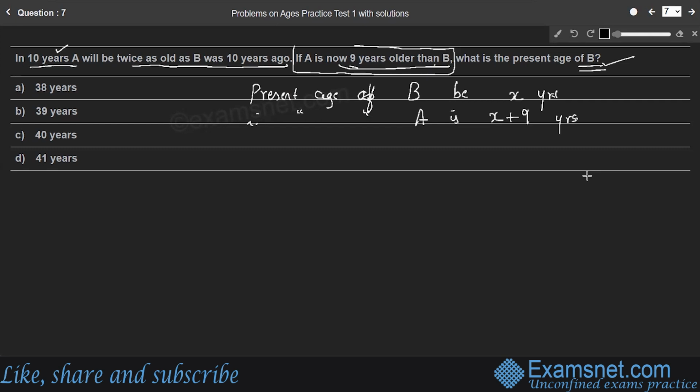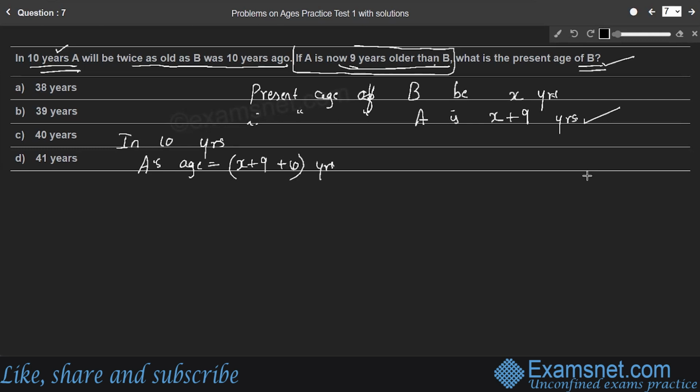So in 10 years, A will be twice as old as B was 10 years ago. So in 10 years, what will be A's age? In 10 years means 10 years after, right? So in 10 years, A's age is X + 9, which is A's present age, plus 10 years.